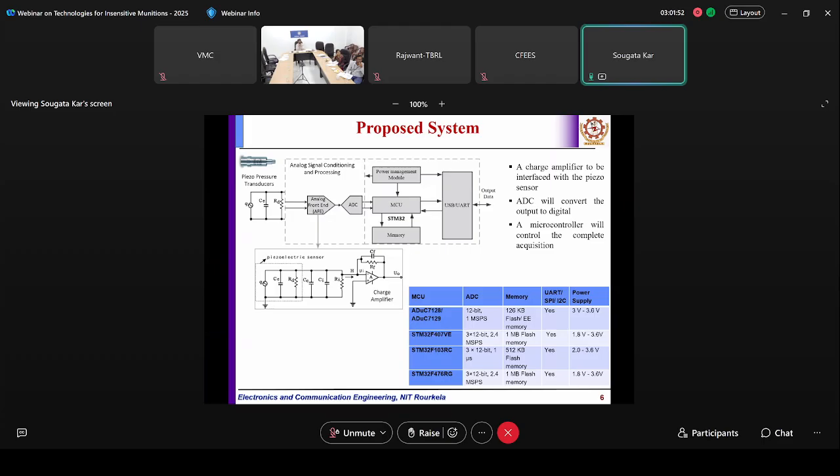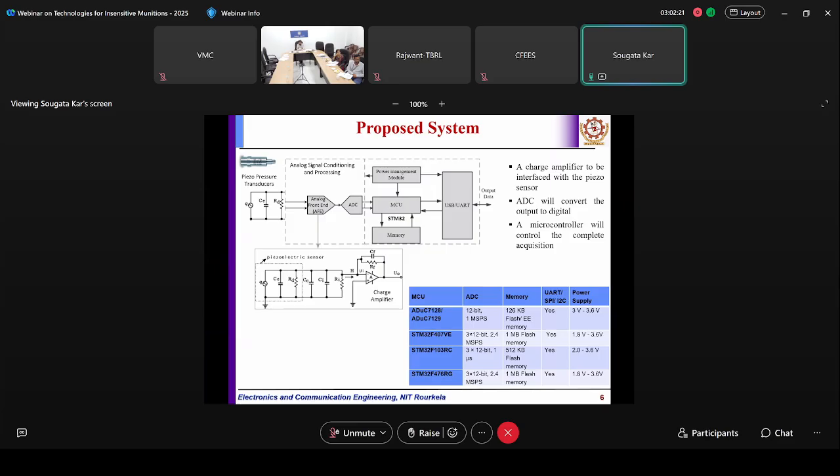There are a few microcontrollers available, from either Analog Devices or ST Microelectronics. In our current work, we are using an ST Microelectronics STM32 microcontroller, the STM32 F476, which has a 12-bit ADC resolution.